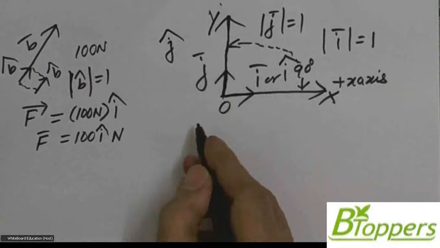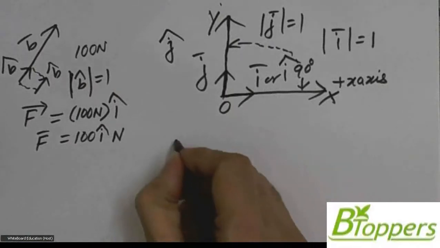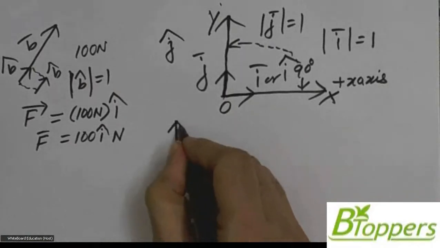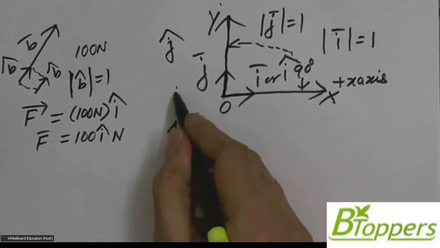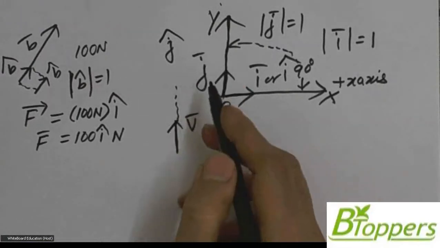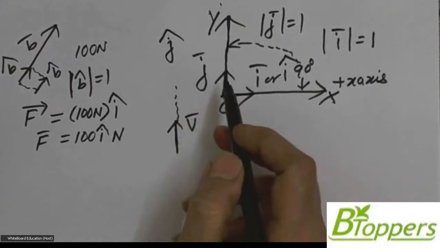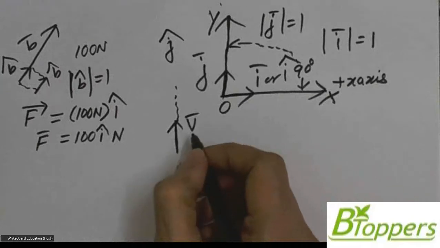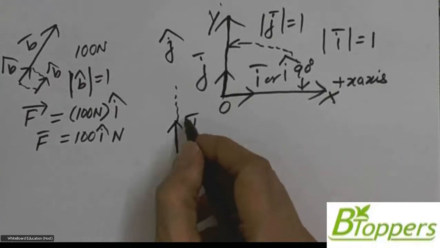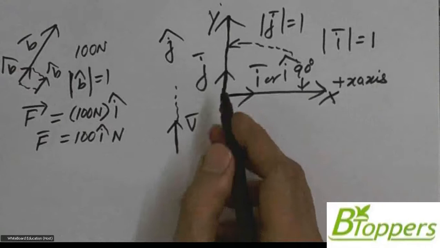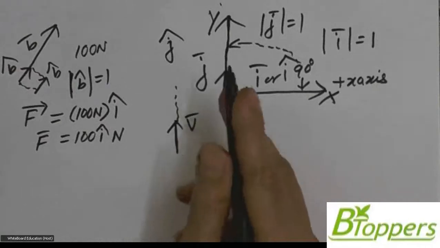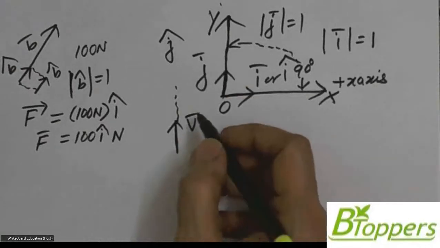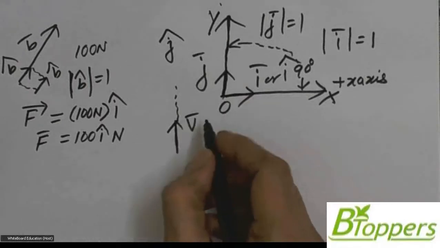Similarly, let us take another example. Suppose a particle moves parallel to the positive y-axis with a velocity of magnitude 20 meter per second.